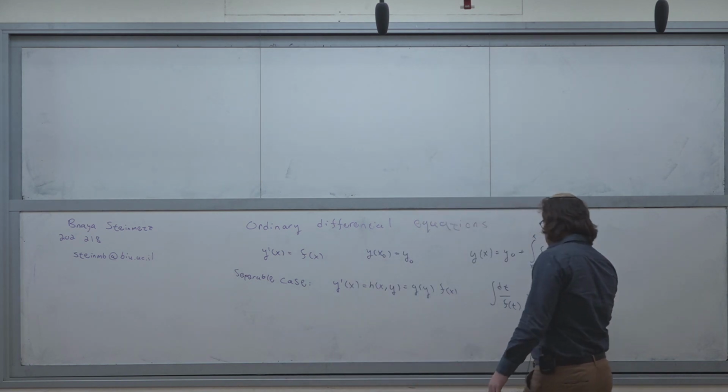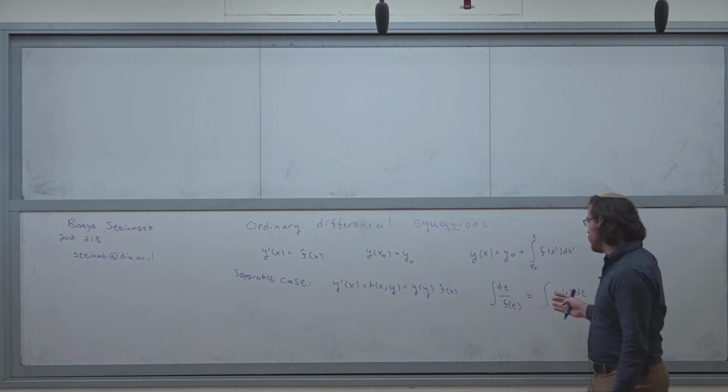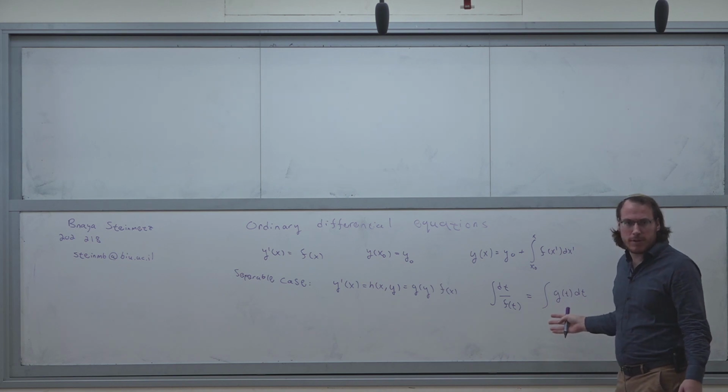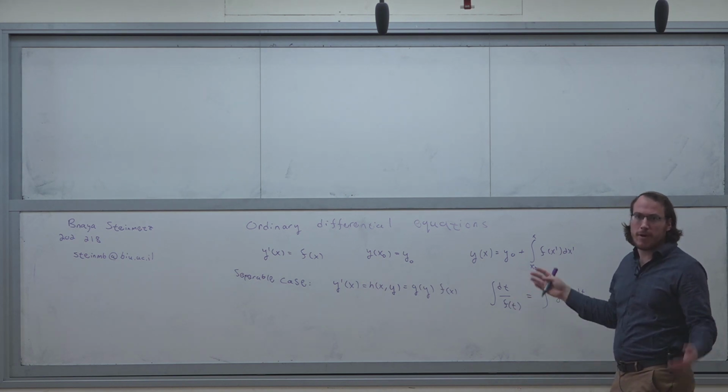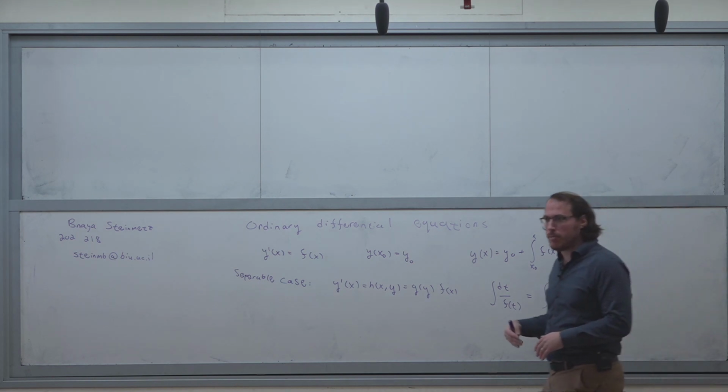Let's see. Right, because we would just be able to integrate the two sides, because each side depends only on one variable, so we don't have any problem to integrate.